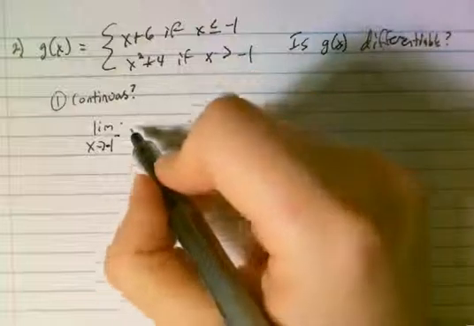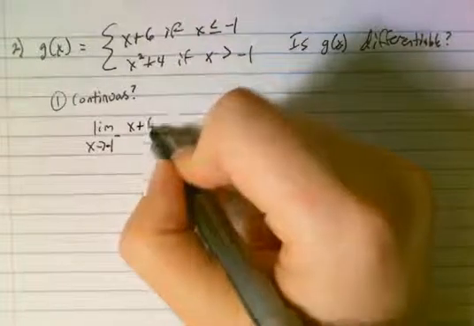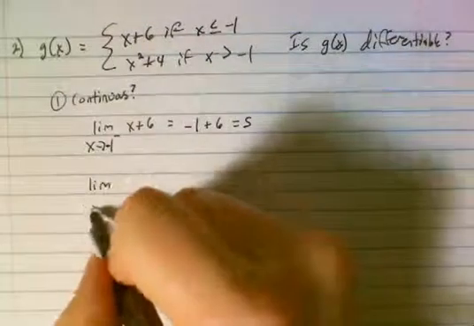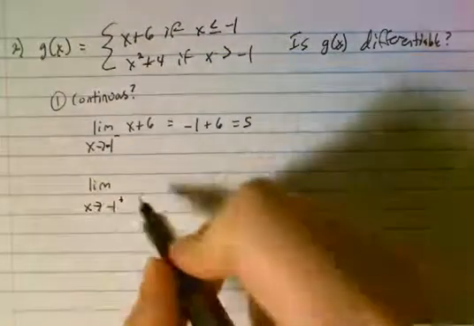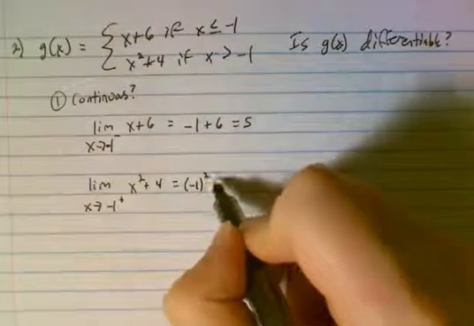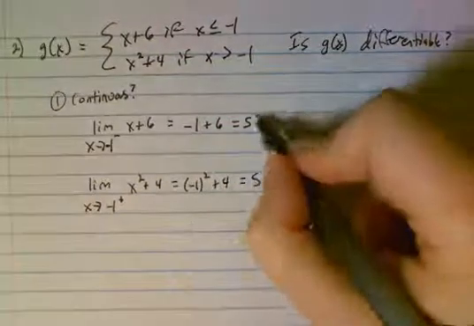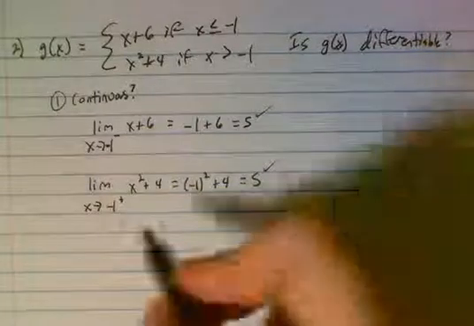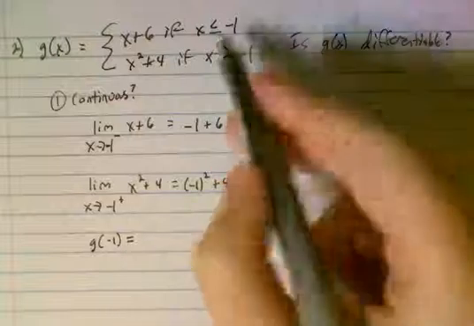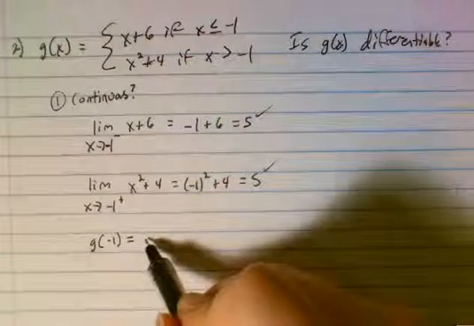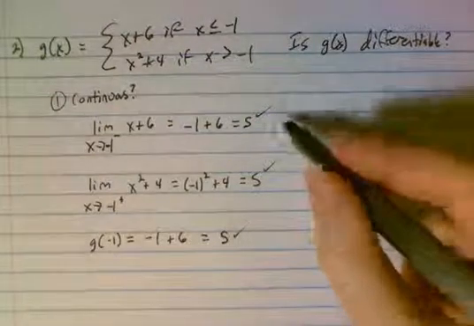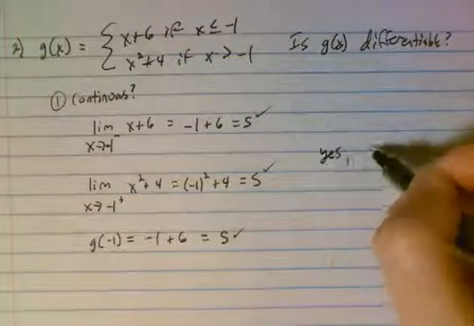As x approaches negative 1 from the left, the function is x plus 6, so it's negative 1 plus 6 equals 5. From the right, that's x squared plus 4, so that's negative 1 squared plus 4, that also equals 5. So those match. And then g of negative 1. Here's the equals sign, so that's negative 1 plus 6 equals 5. Those all match. Yes, it's continuous.